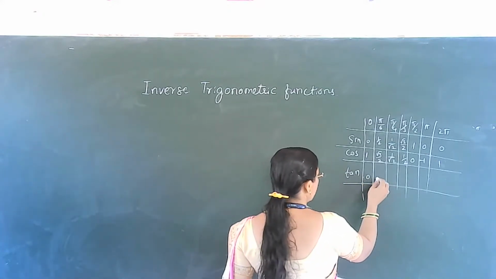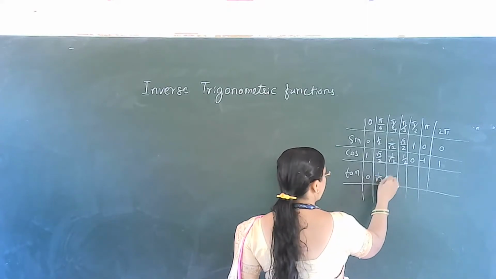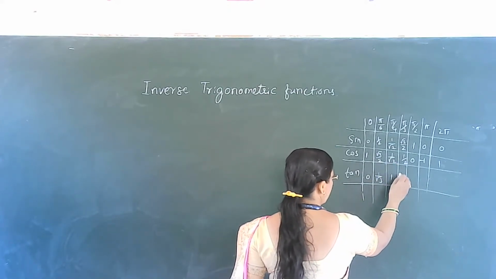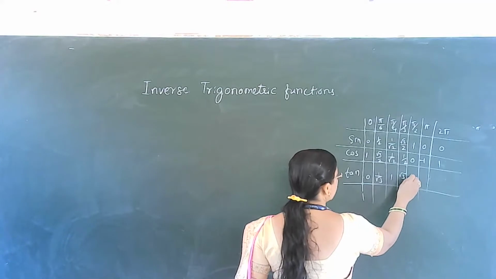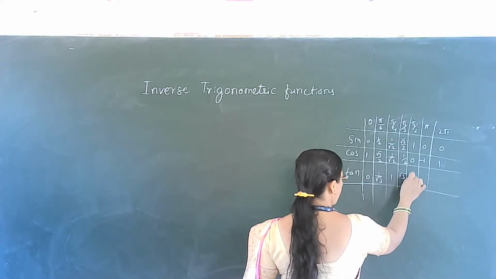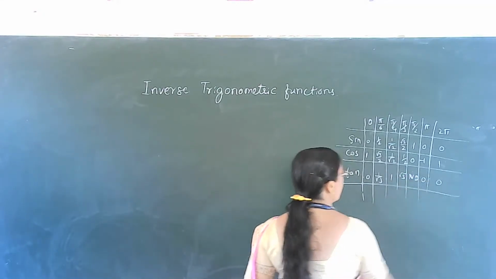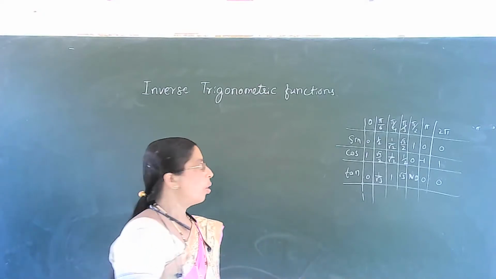Tan of 0 is 0, pi by 6 is 1 by root 3, pi by 4 is 1, pi by 3 is root 3, pi by 2 is not defined, pi is 0 and 2 pi also 0.